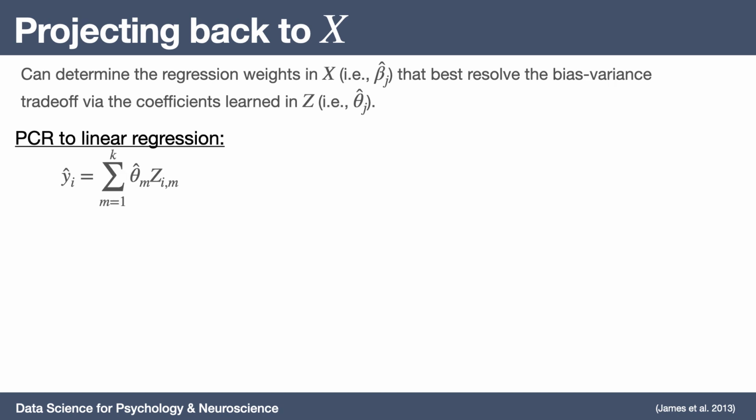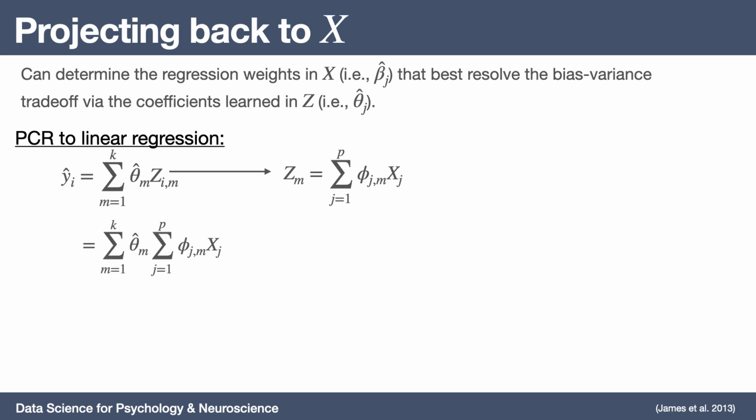How does this work? Well, remember, this is the logic of PCR, and you're learning your regression coefficients, theta hat, from your principal components. Also remember that your principal components are just a linear combination of your data itself. So each Z is actually represented by phi times X, which means that we can rewrite the principal component regression model this way.